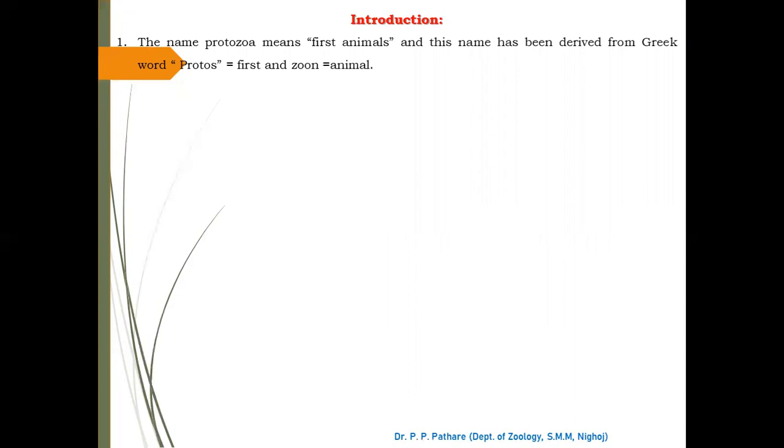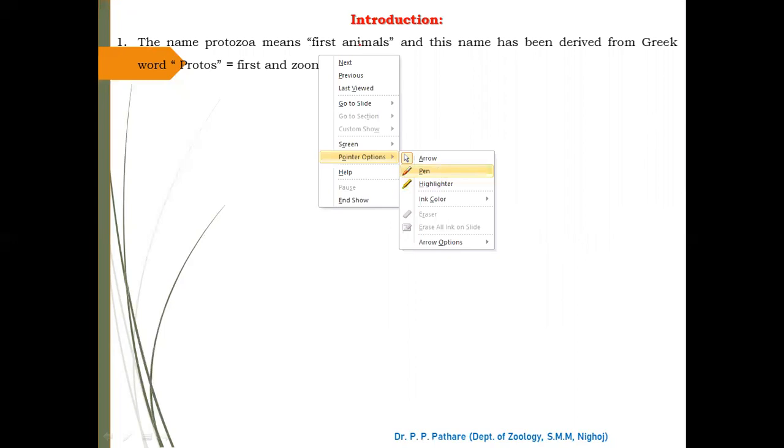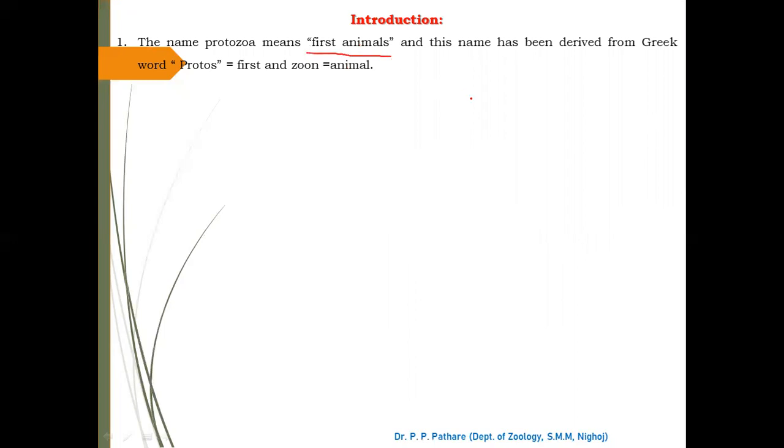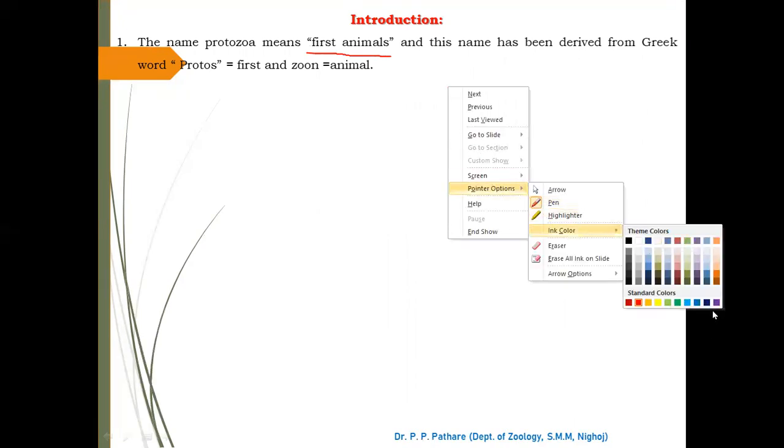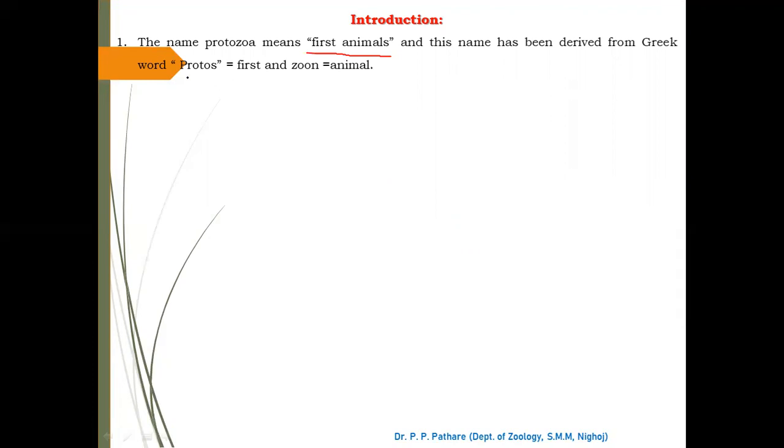The name protozoa means first animals, and this name has been derived from the Greek word protos, meaning first, and zoon, meaning animals. Do you understand what is the meaning of protozoa?